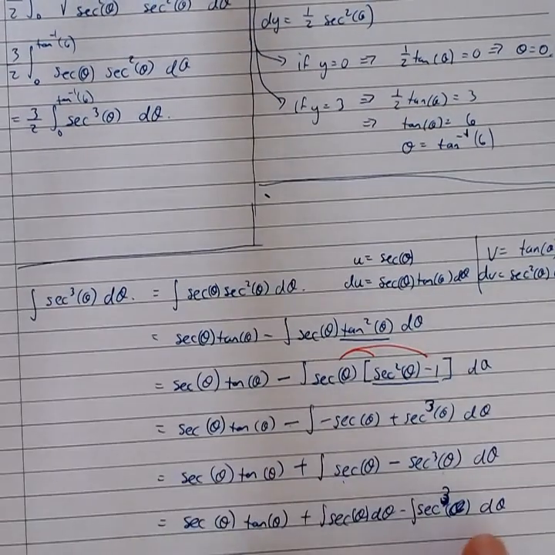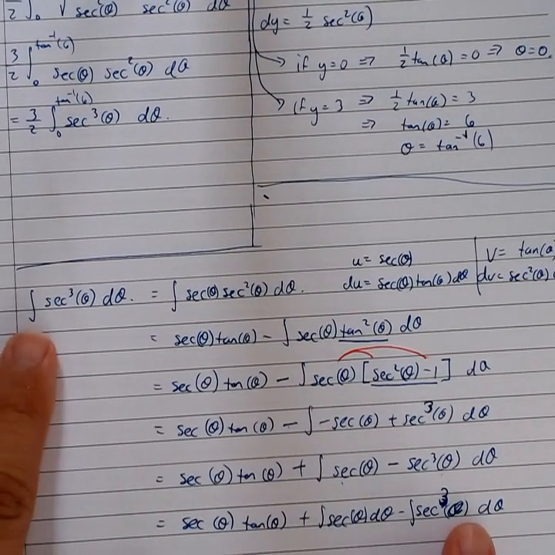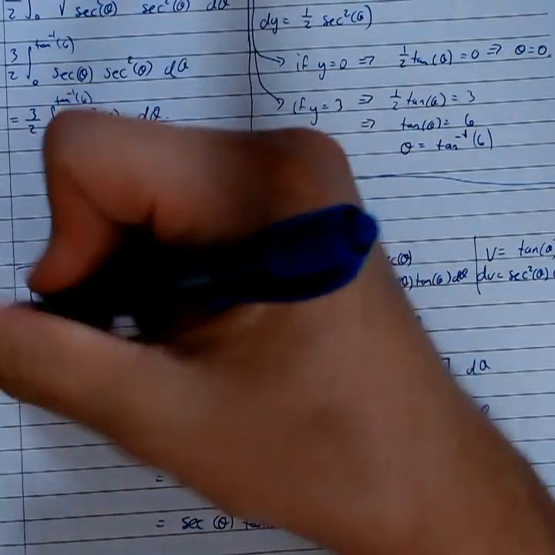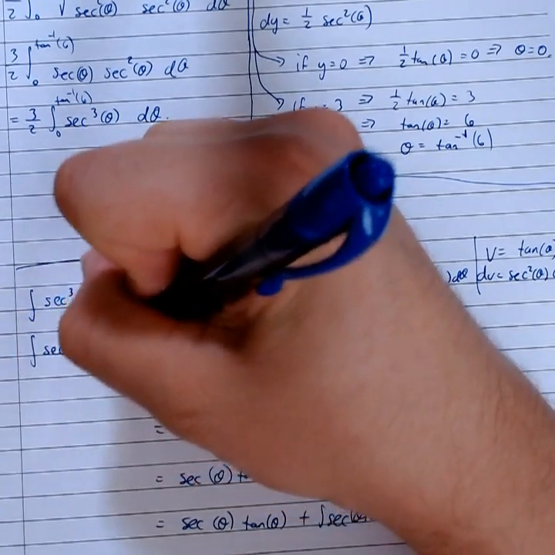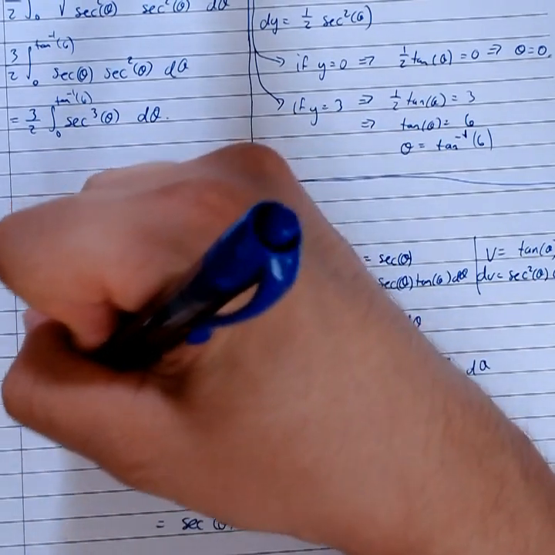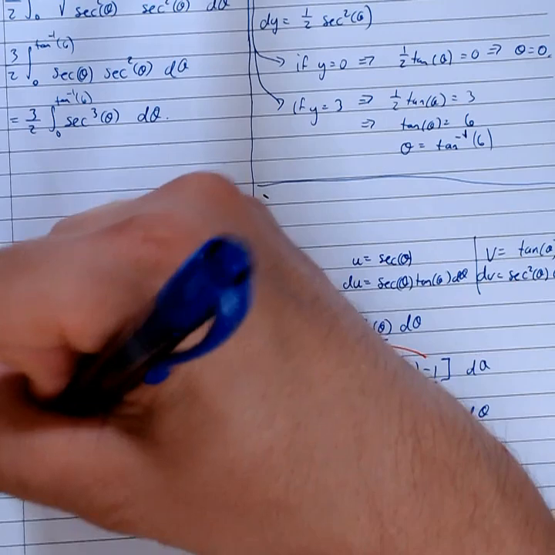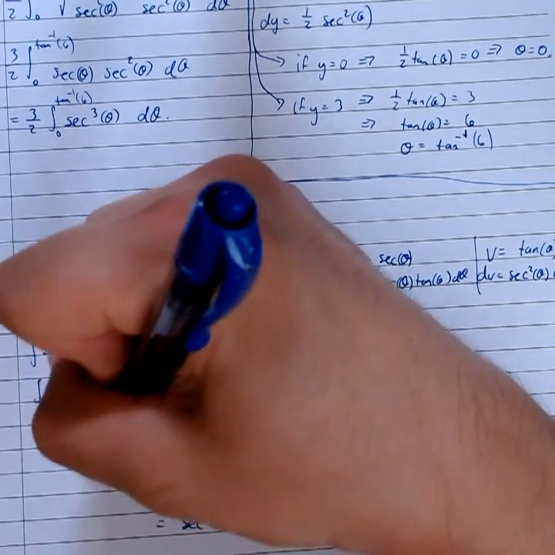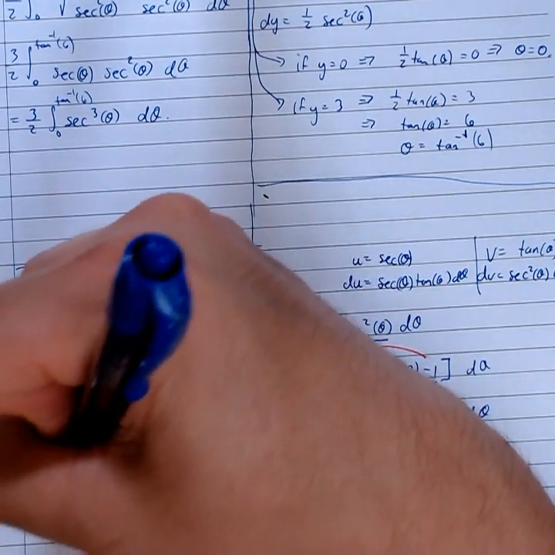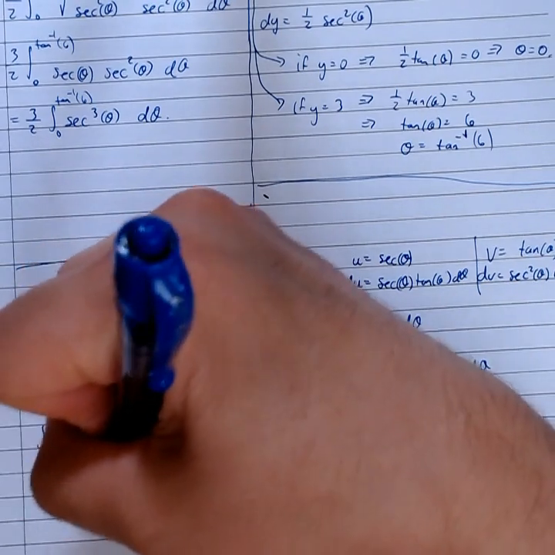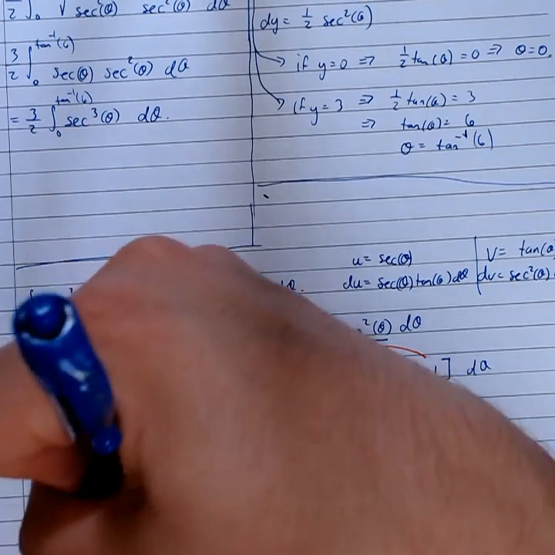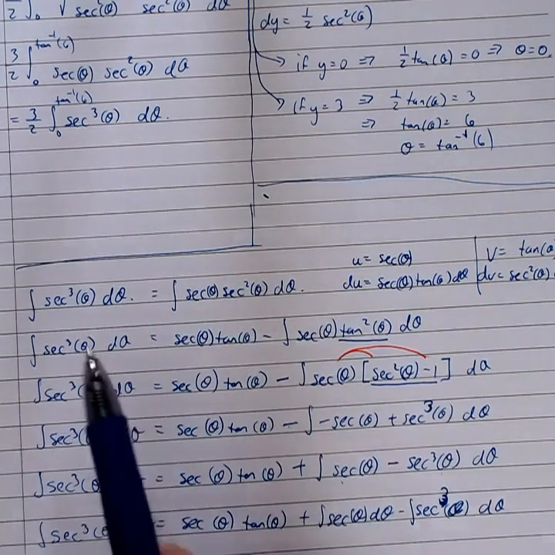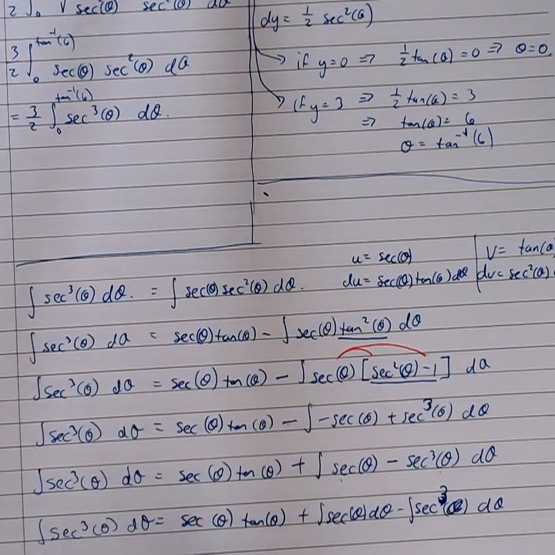Okay, but now we're almost done, because notice that is the same as our original problem. So here I'm going to just write this all the way down, secant cubed of theta d theta. Every one of these is equivalent.